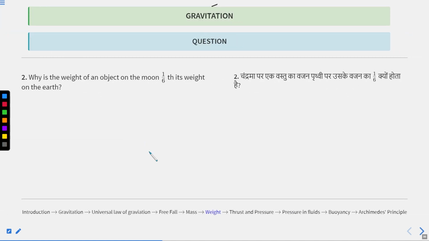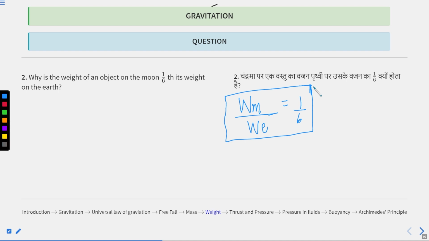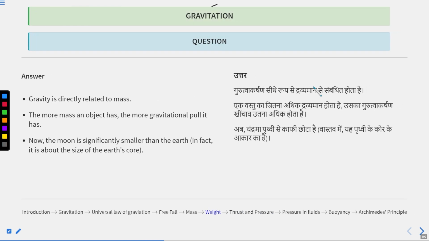Next question is, why is the weight of an object on the moon 1/6 times that on the earth? They are asking why Wm divided by We is 1/6. The reason is that the mass of the moon is very less in comparison to the mass of the earth, because gravity is directly related to mass.